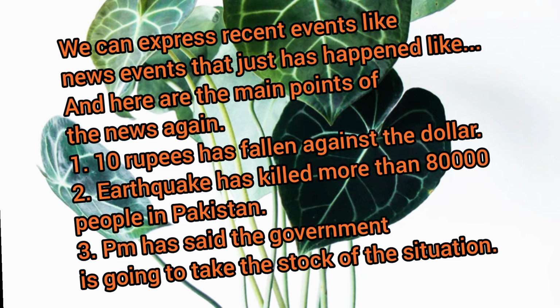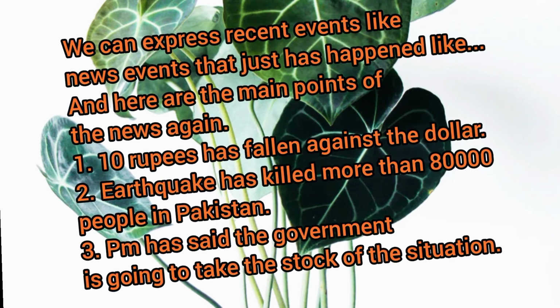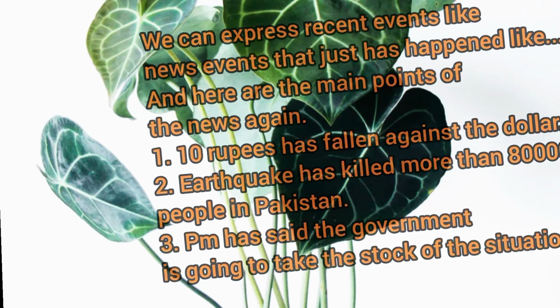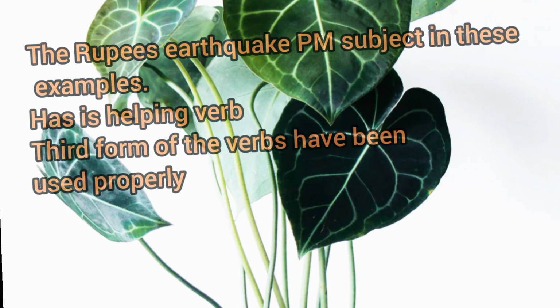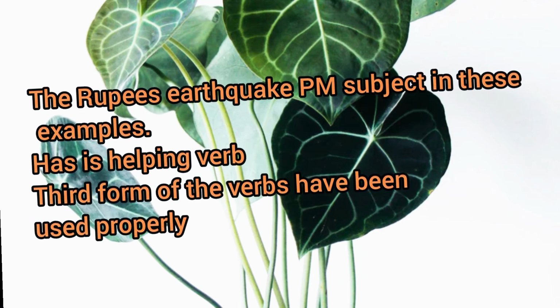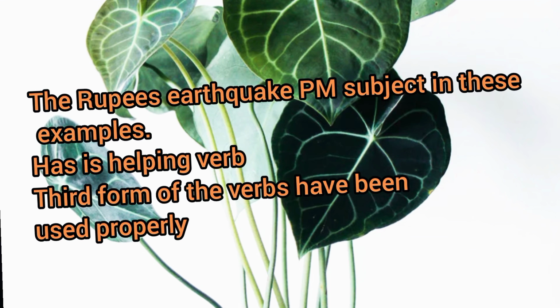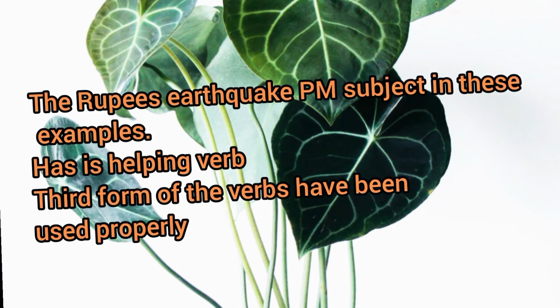The Prime Minister has said that the government is going to take stock of the situation. स्थिति का जायजा ले रहा है. The rupee, the earthquake, the Prime Minister, right? These are the appropriate use of subject. And you can see that there is the appropriate use of the helping verb as well, "has", and the third form of the verb is there also.